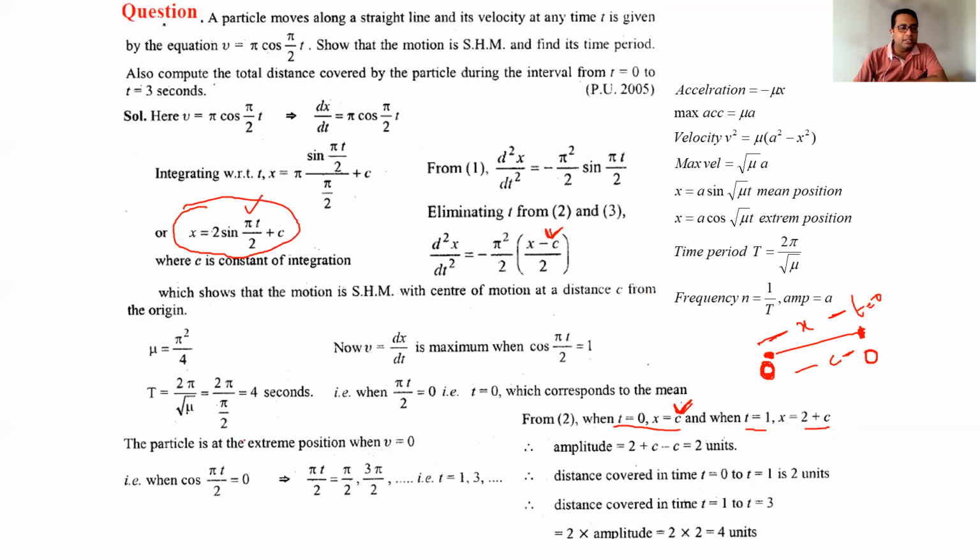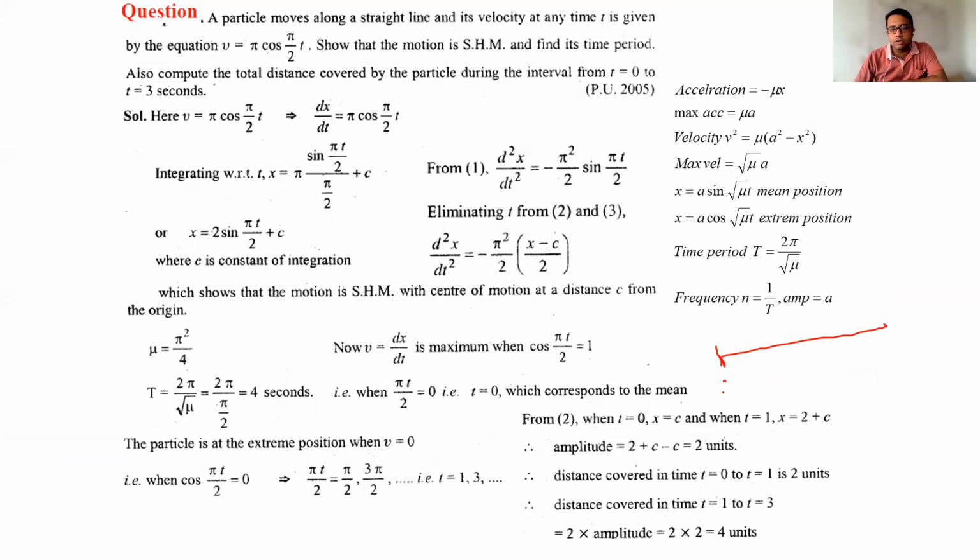So what we can assume is that the origin is at some other point. Suppose I explain again. This is the origin where we have x equal to 0, and when x is equal to c, this distance is c, then the particle is at t equal to 0. Here it was; when t equals 1 second, how much distance did the particle cover? 2 plus c. That means it covered 2, this is what we got.